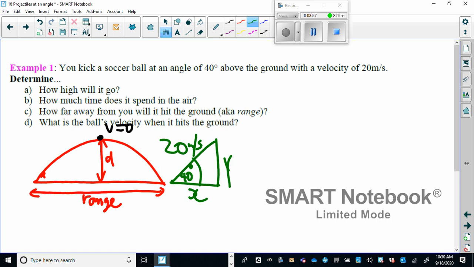The x component turns out to be 15.32. In other words, it's moving horizontally at 15.32 meters per second throughout its entire journey. And the y component using the sine trigonometric ratio is 12.86.